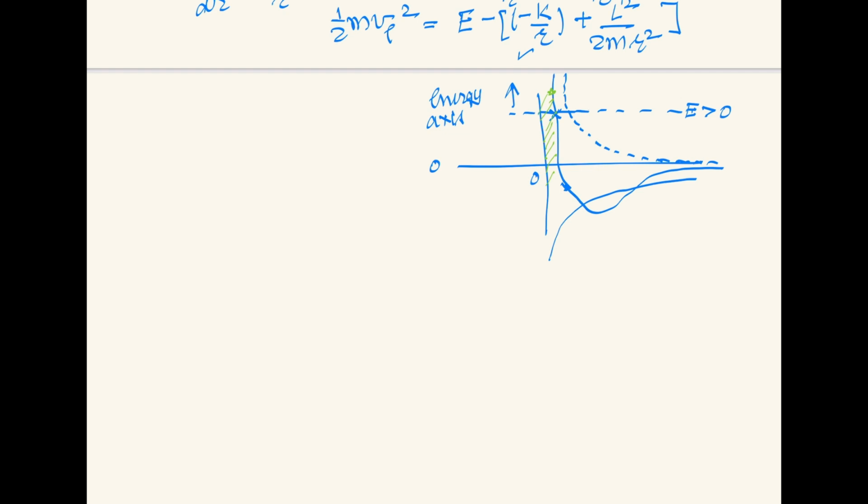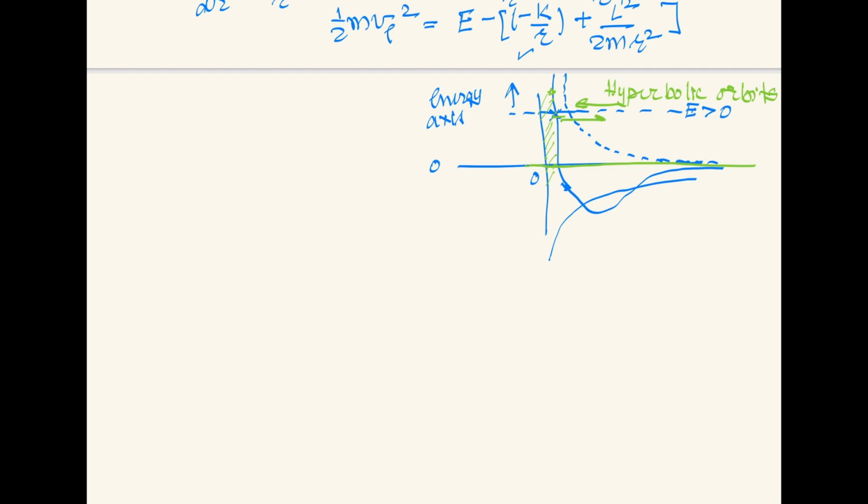So this particle comes all the way up to here and goes back again. This orbit is a hyperbolic orbit. All orbits for energies greater than 0 are unbounded orbits. They come close and then go back and never come back again. They are hyperbolic orbits.